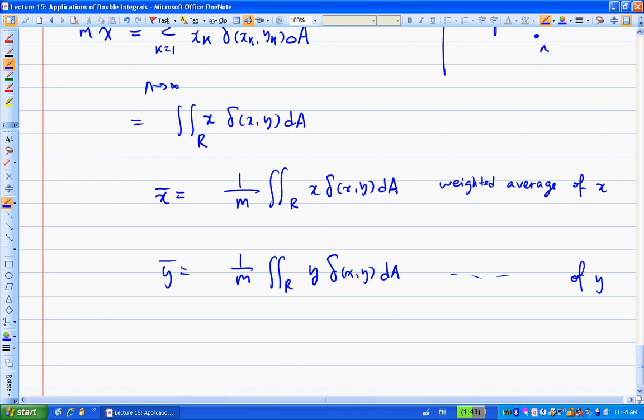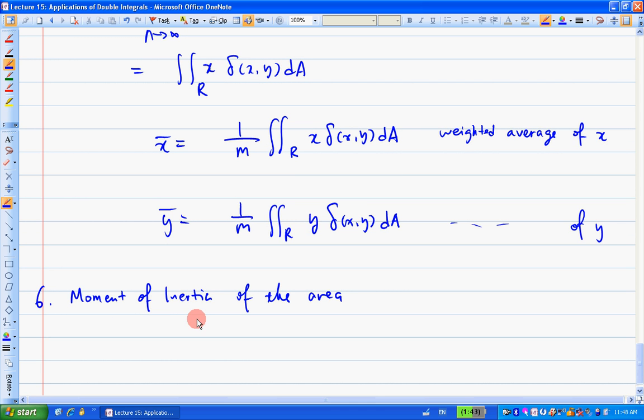Okay, number 6 is the moment of inertia, the moment of inertia of the area. Make sure you understand this one. Moment of inertia is a very general concept. Right now we're talking about the moment of inertia of the area.